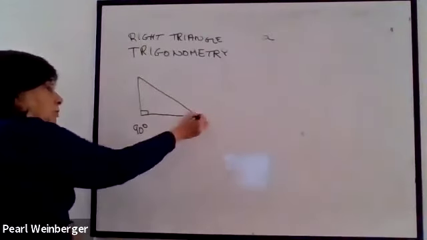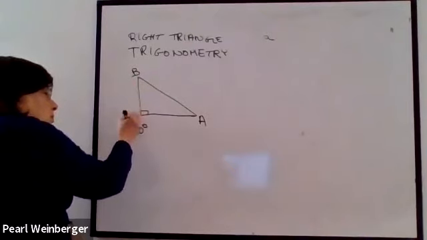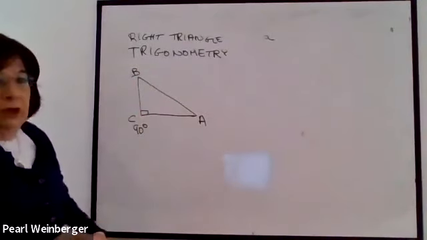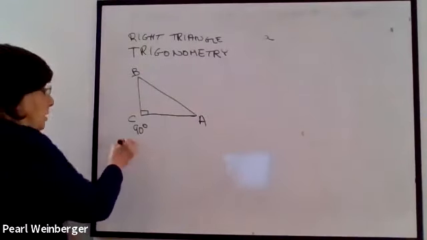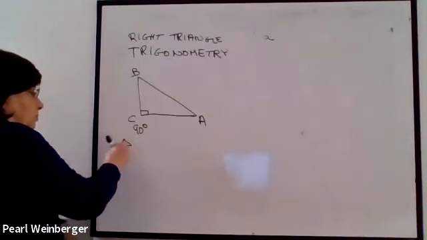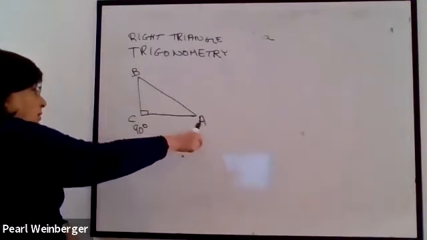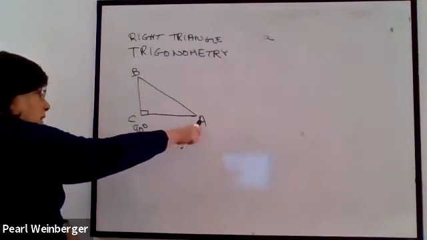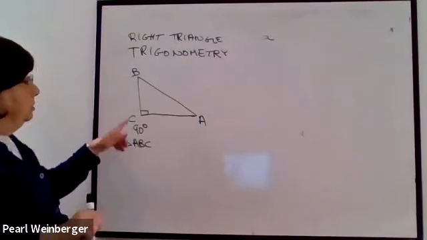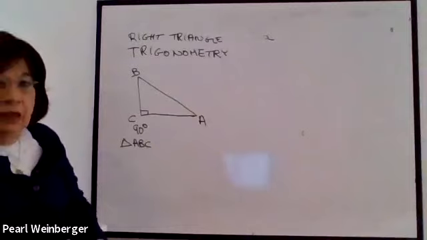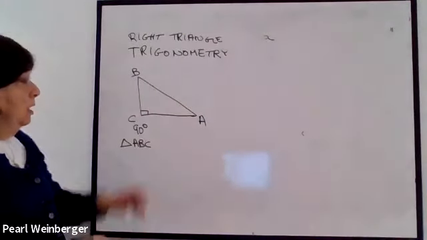Now, when it comes to the triangle, we usually use 3 capital letters to name the triangle. We call this triangle, I'll use a little symbol, ABC. The 3 angles are at A, at B, and at C. Usually the C is taken to be the right angle, the 90-degree angle.